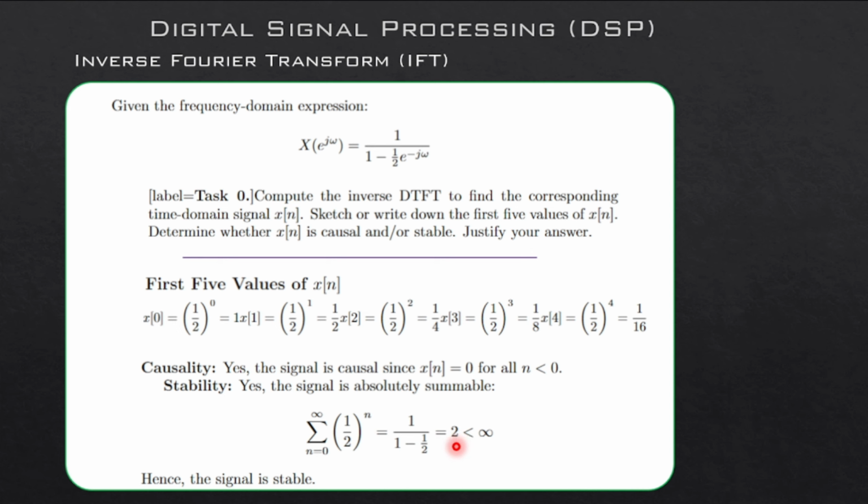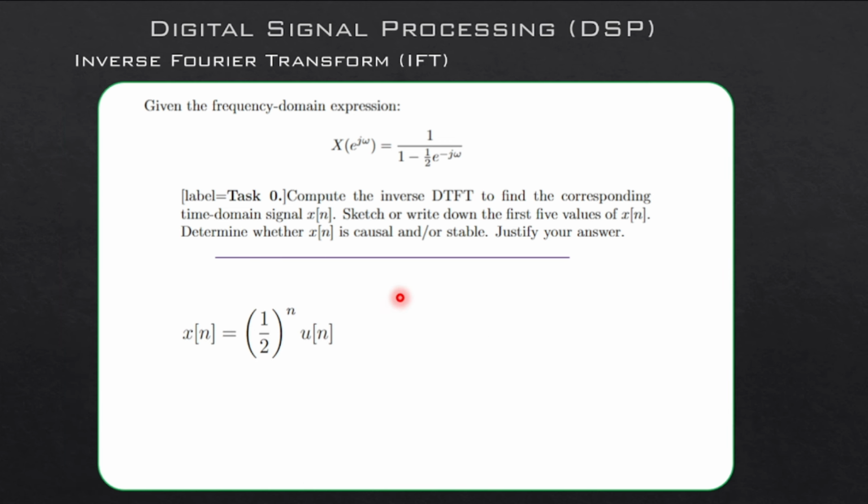So it is a finite value less than infinity. For n going to infinity, this value converges to 2, so it is a stable signal. It doesn't give infinite values. So this is the final answer for x[n], (1/2)^n u[n].